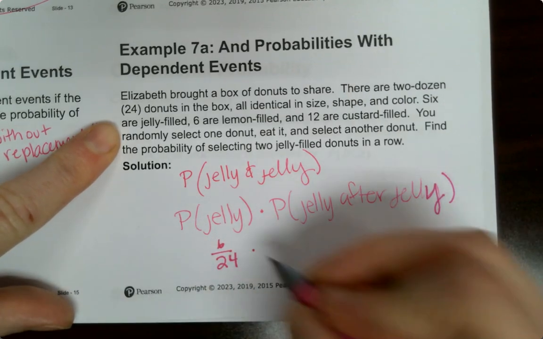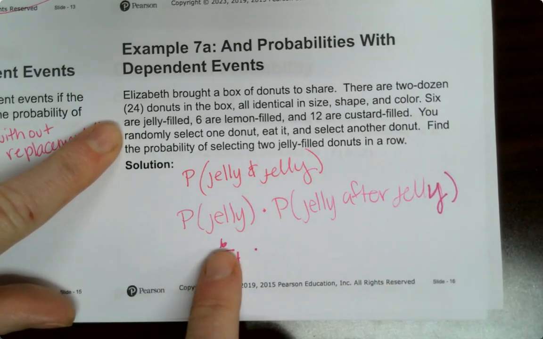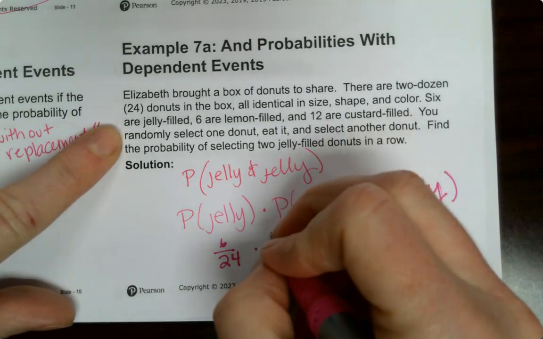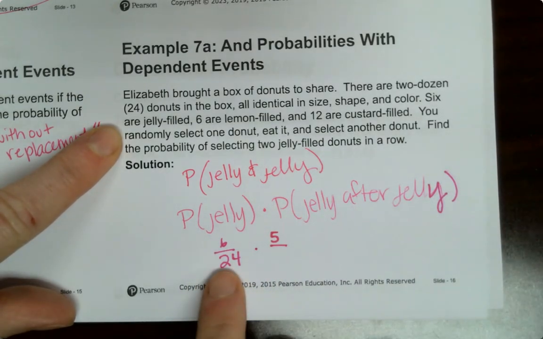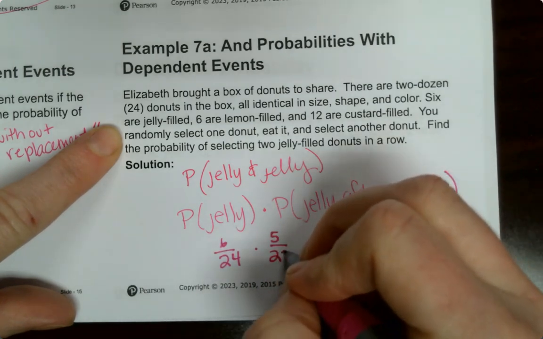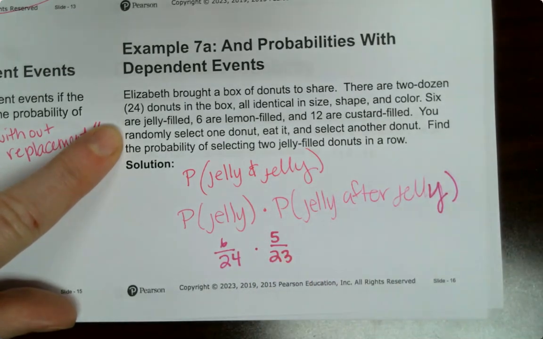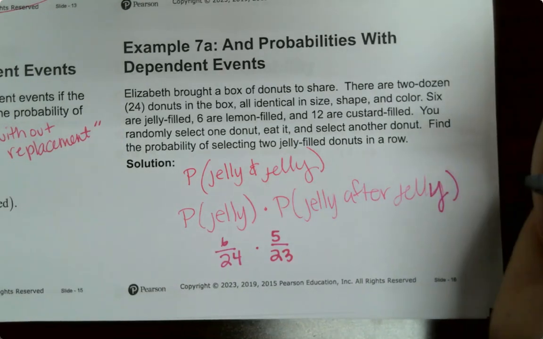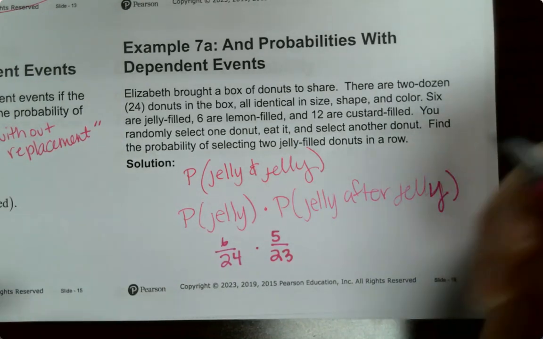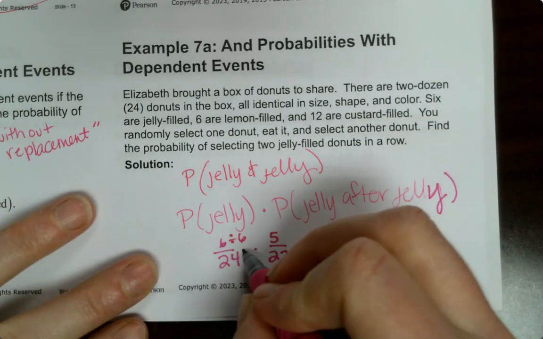Probably getting a jelly after you already ate a jelly would be, you no longer have 6 because you ate one, so it's 5. You have 24, but now you only have 23 because you took one out. So you have to reduce these each by 1. So we can simplify it, multiply. I'm going to simplify it.